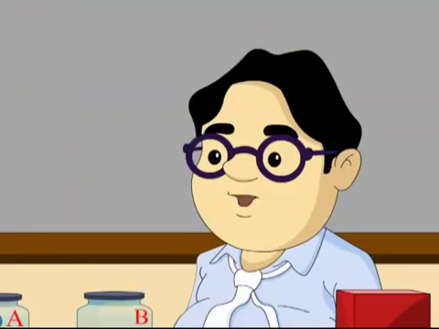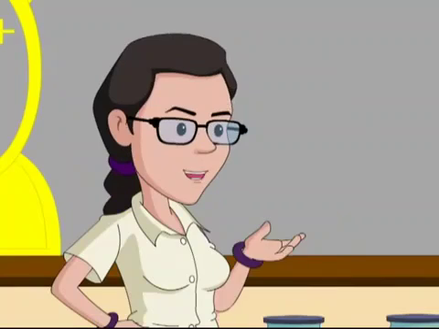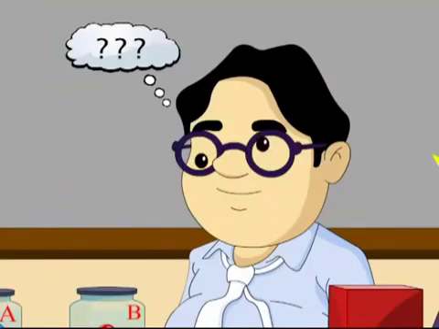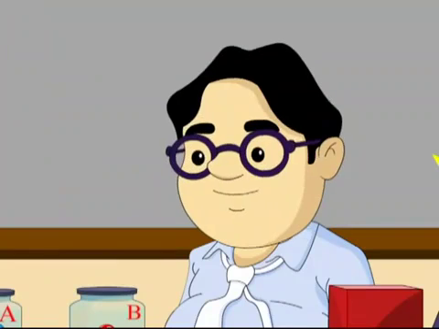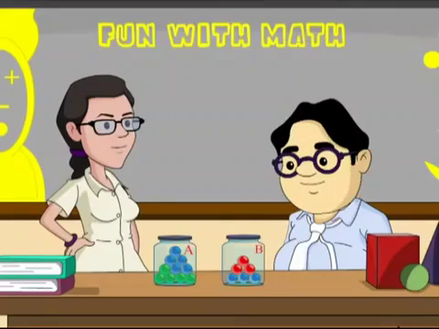That's right, Miss Marks. But what is the connection between the 2 fractions? Snail, these represent equivalent fractions. Equivalent? But Miss Marks, they are different, not equal. Jar A is 5 by 10 and jar B is 3 by 6. Look again, Snail.